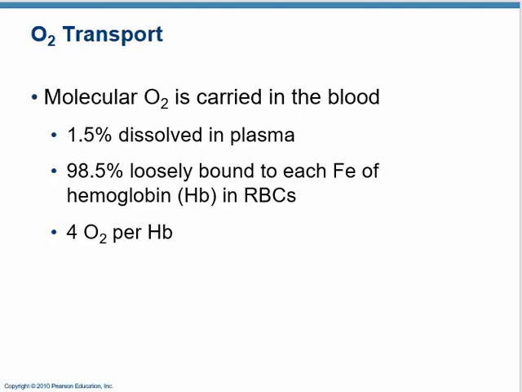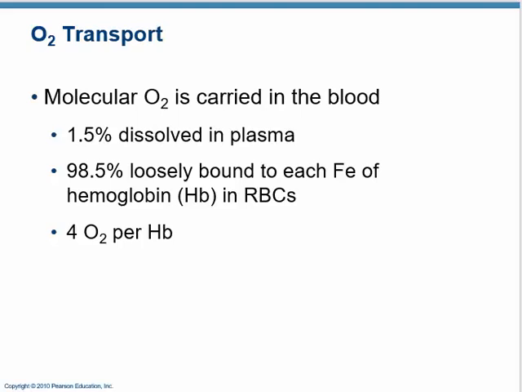If you remember, each hemoglobin molecule has 4 iron atoms in it, and 1 oxygen binds to each iron. So you have 4 O2s per hemoglobin. And so the hemoglobin of the red blood cells is what transports the oxygen.